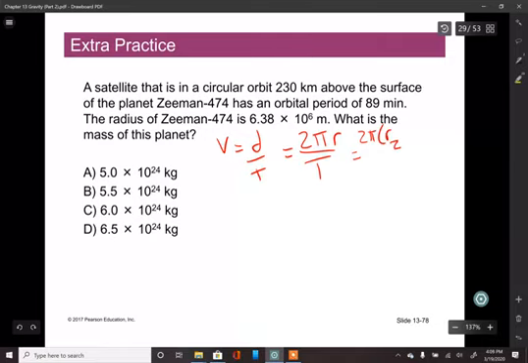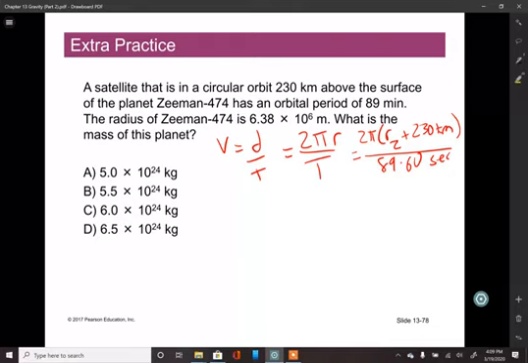r Earth plus 230 kilometers, right? That's how far we are from the center, over 89 times 60 seconds, right? We have to work in seconds. So we can calculate how fast we're going. If we know how fast we're going, we can then use GM over r, right?